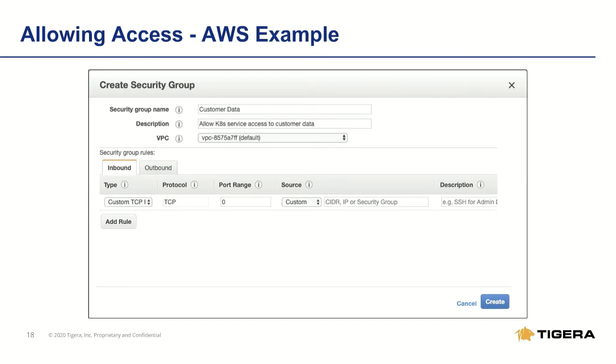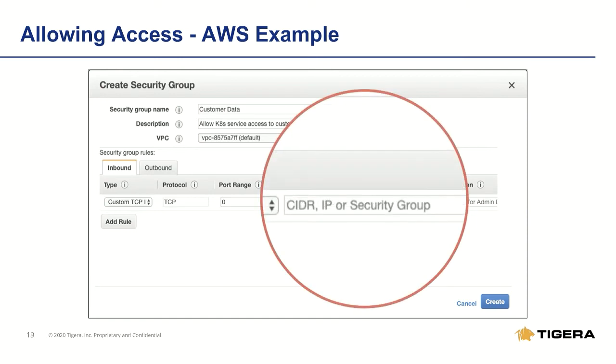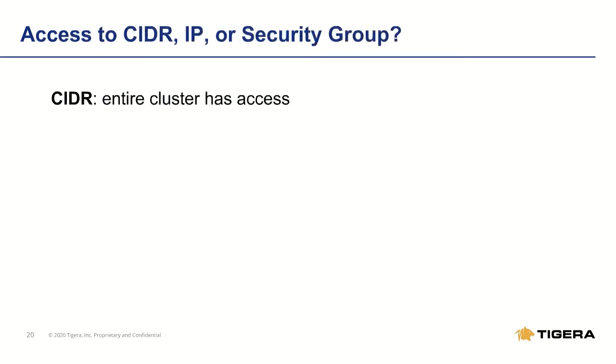If you look at the case of AWS, for example, and working with security groups, your option for access controls is to put in either a CIDR range, an IP address, or a security group. So which do you use? If you want to use a CIDR range, then you basically give the entire cluster access to that resource.